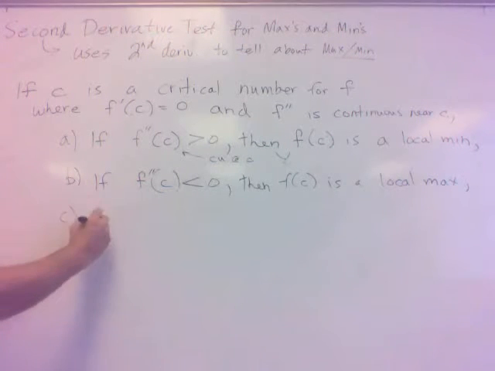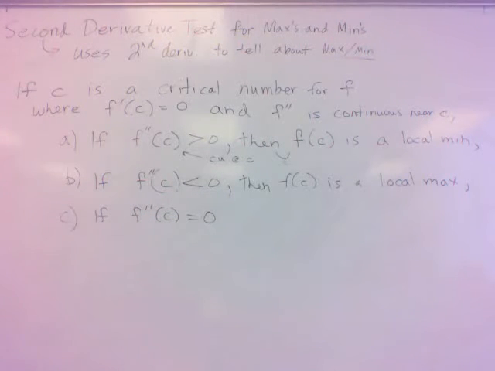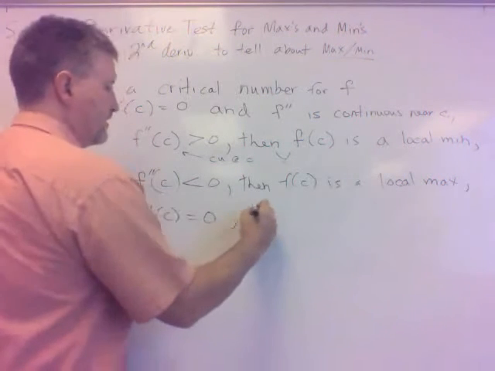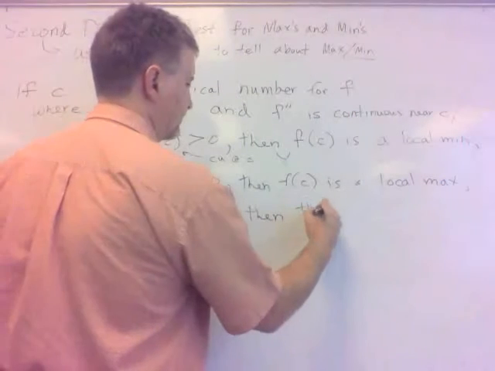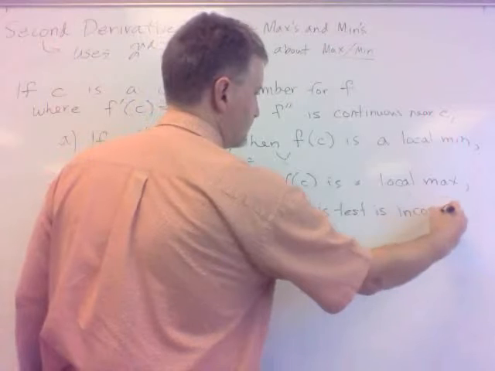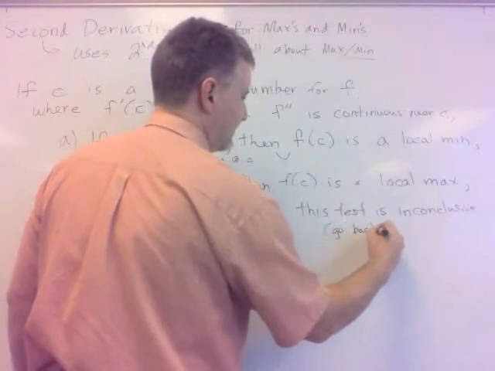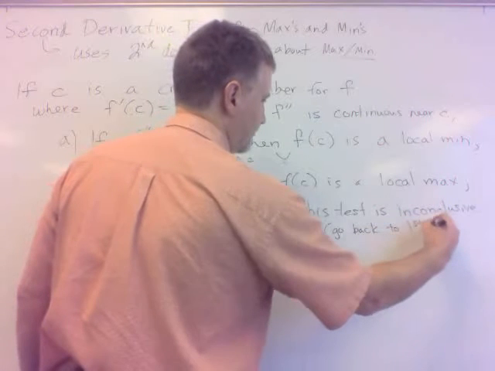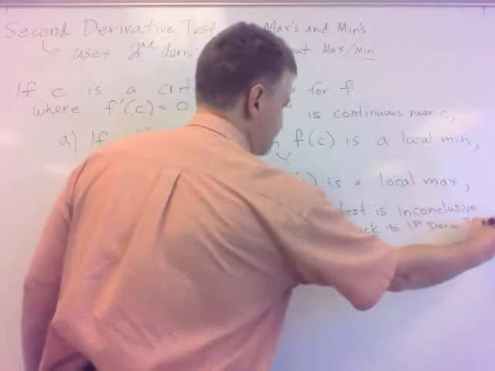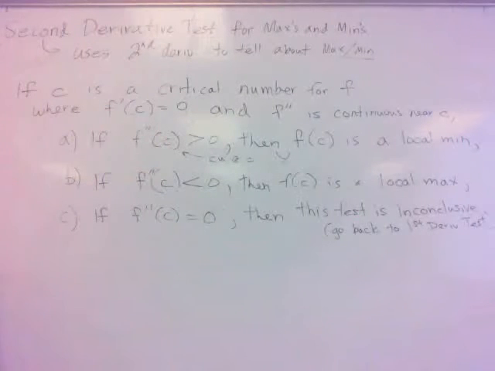And there is one other possibility, and that is if you evaluate the second derivative at C and you've got it equal to 0. What happens then? Then the test is inconclusive. Go back to the first derivative test, where you're checking whether you've got increasing and then decreasing or whatever.